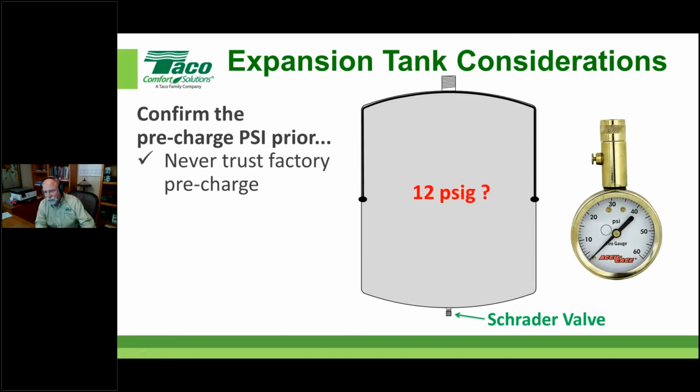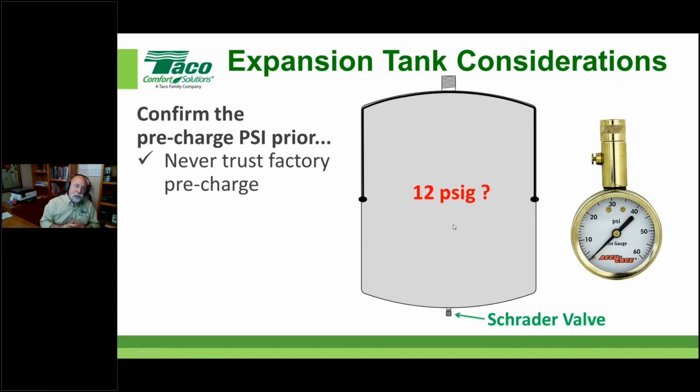So don't trust a factory precharge. Get your nice little accurate gauge out and check it. See what it is. There's two things we want to look at. If we're going to stay with the factory setting, make sure it's still what it's supposed to be. If we need to change it, like we often do, then we want to make sure it gets changed to the proper pressure on the site.